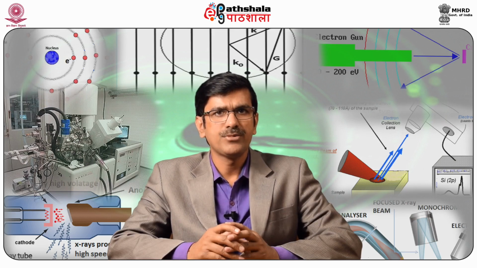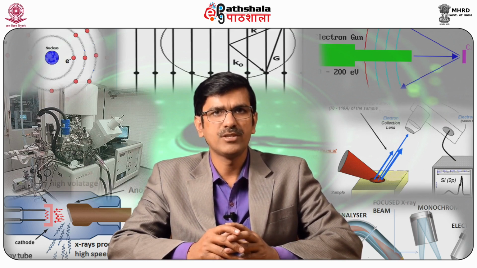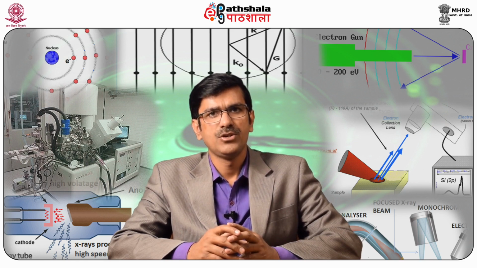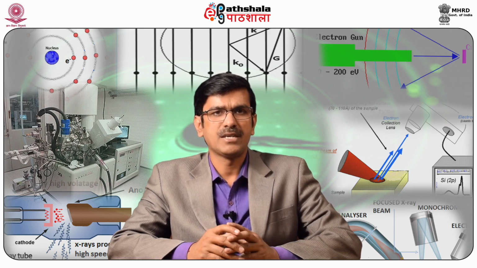Before going into depth of the XPS technique, we need to know about the surface. So now we will start with the surface. What happens at surfaces is extremely important in a vast range of applications, from environmental corrosion to medical implants.